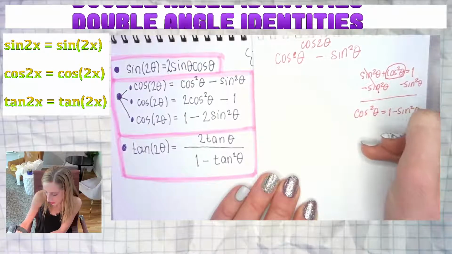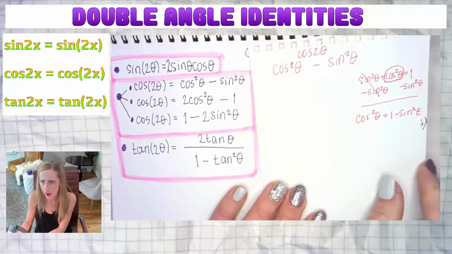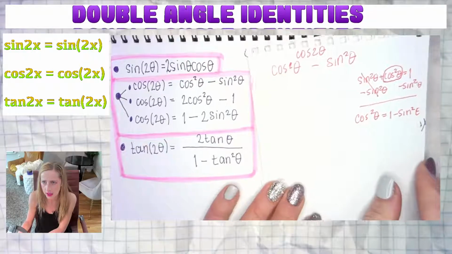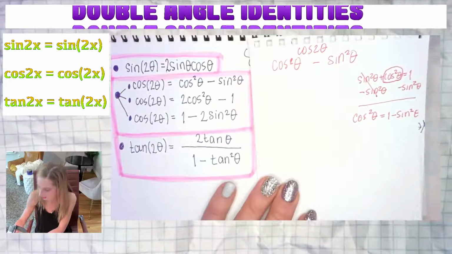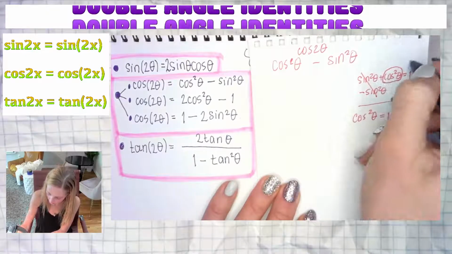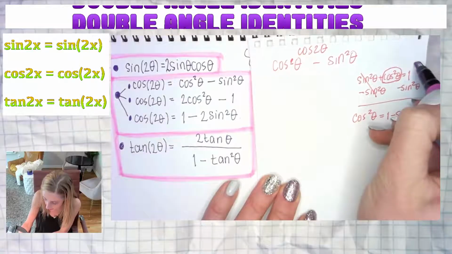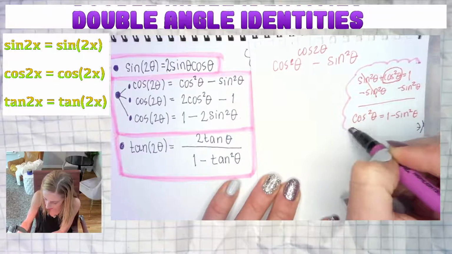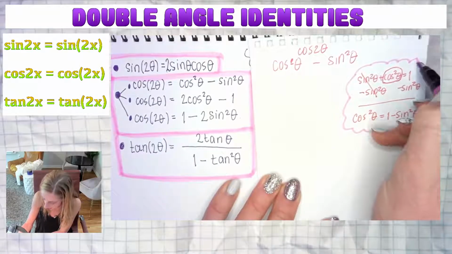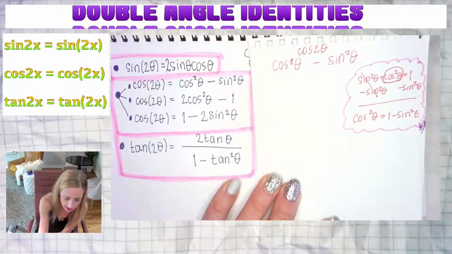Now this one's a little easier because you don't have to worry so much about distributing the negative, okay? We don't have to worry so much about that because we don't have a minus sign in front to distribute at all. So it's going to be a little bit cleaner for us. So that again is our Pythagorean identity.